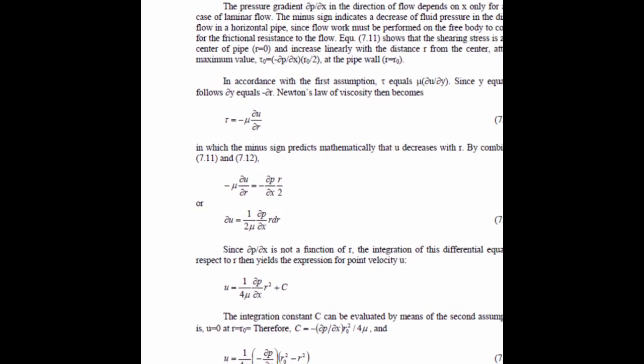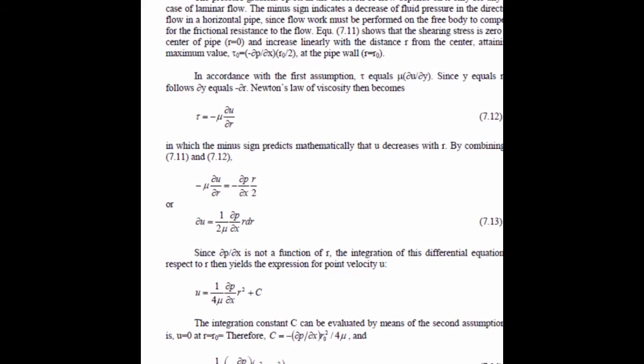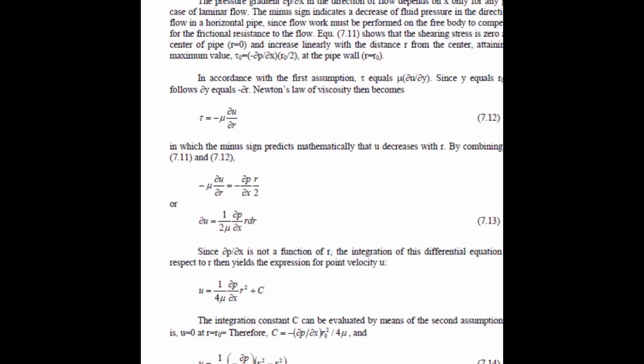Since flow work must be performed on a free body to compensate for the frictional resistance to the flow, the above equation shows that shearing stress is 0 at the center of the pipe.